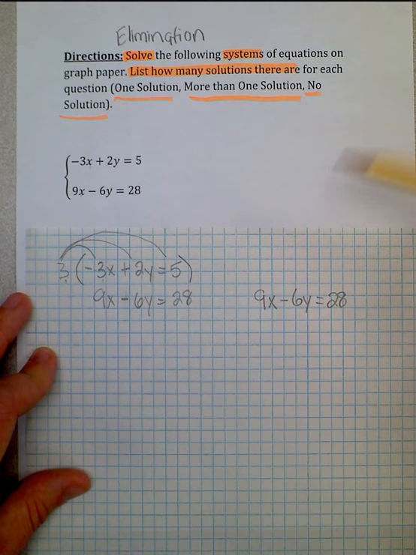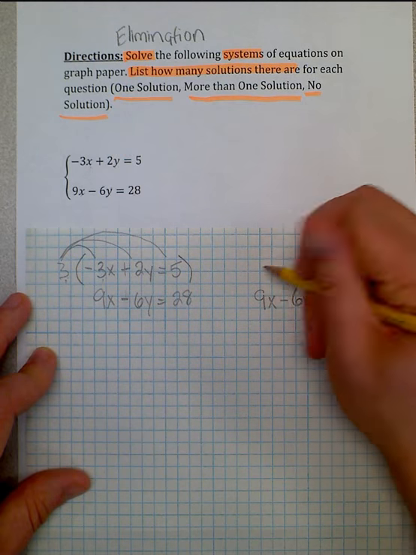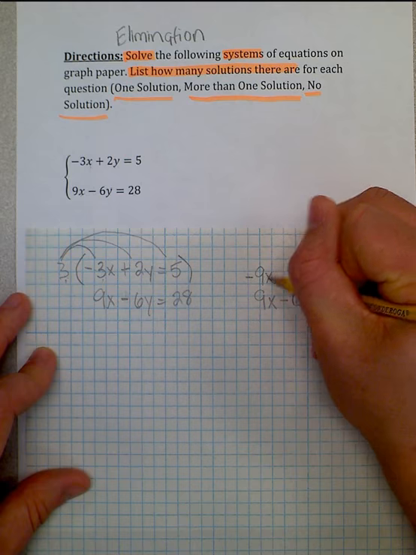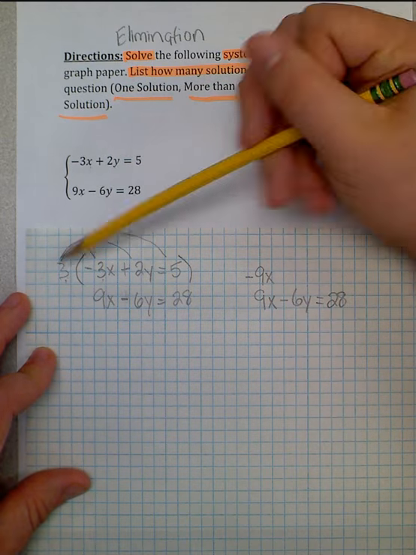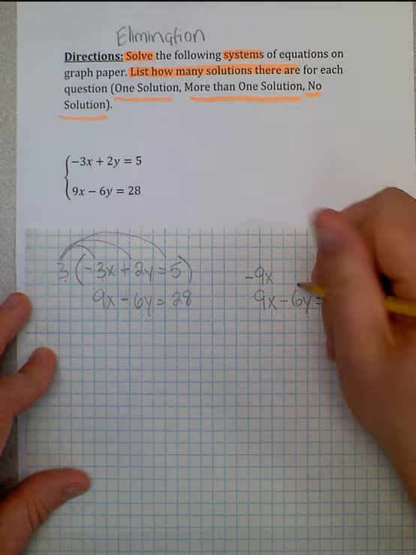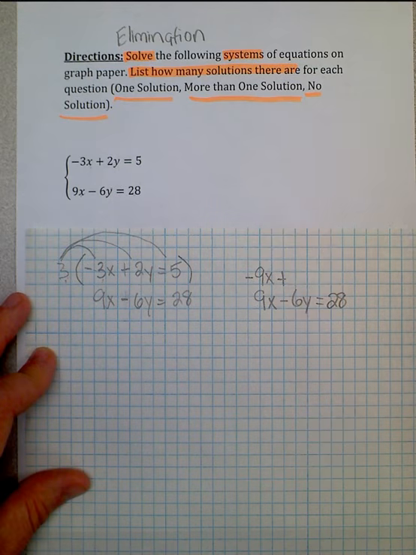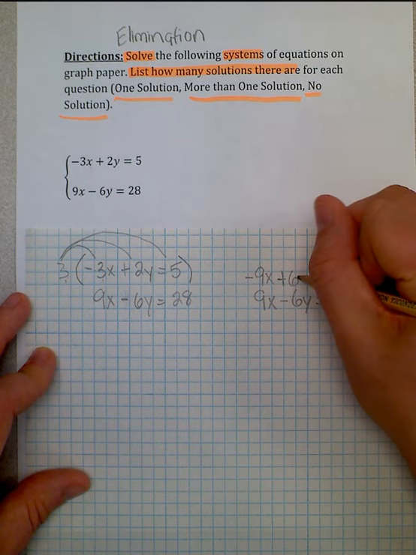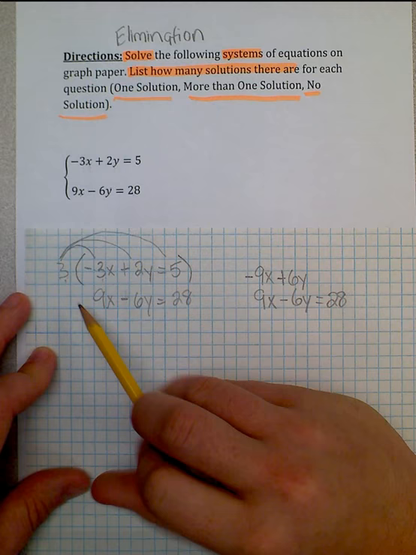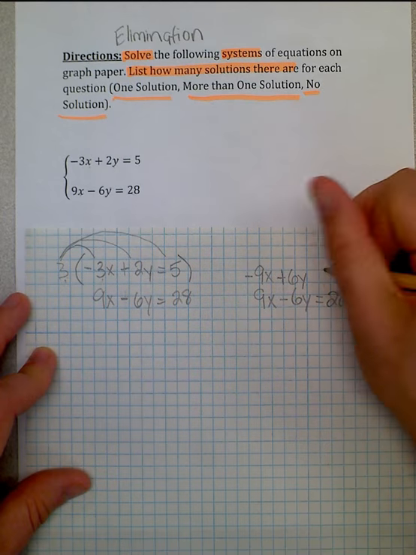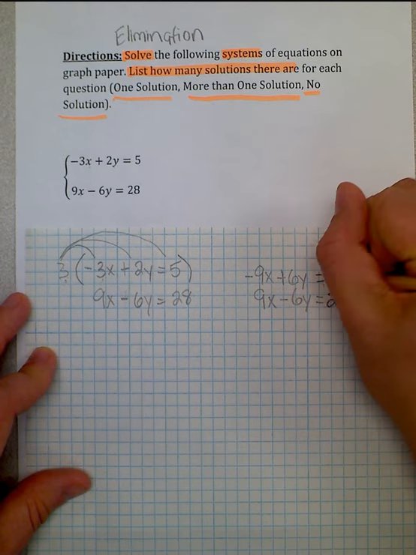So what is 3 times negative 3x? Good, negative 9x. And now 3 times a positive 2y. What does that equal? Right, positive 6y. And lastly, 3 times a positive 5 gives me, right, 15.